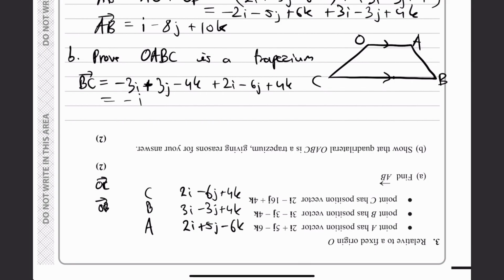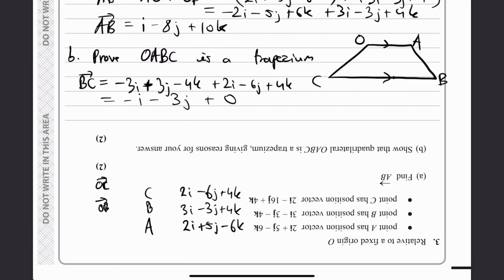So equating things, we get minus 3j plus 0. That still does not look right. Let's see if I've got all my numbers correct.